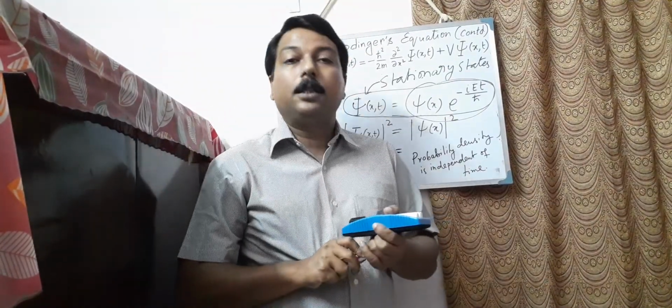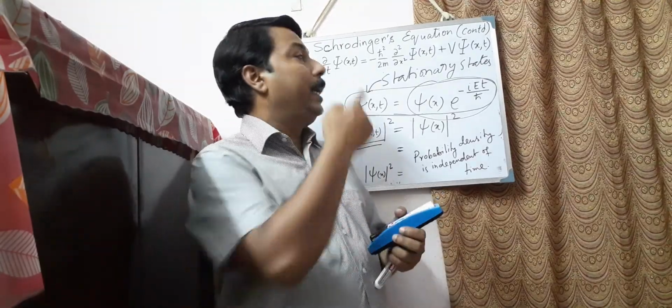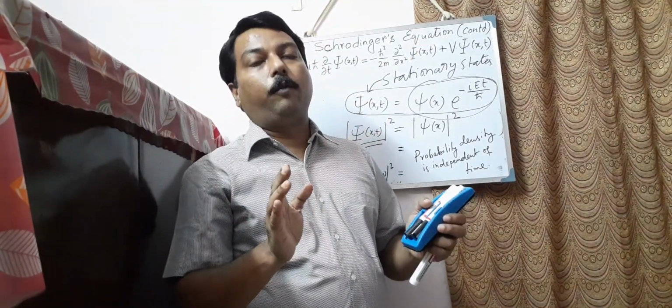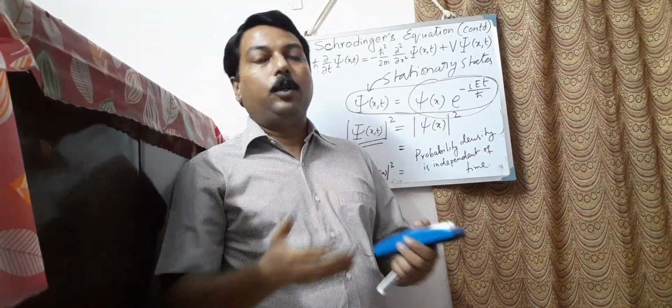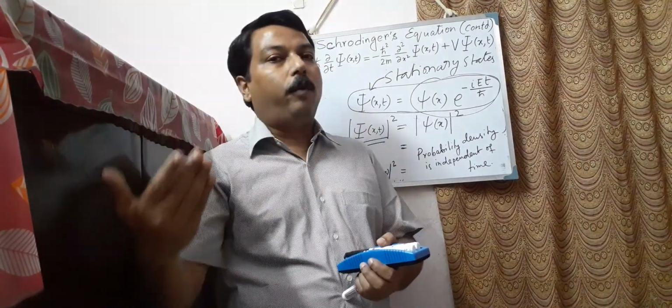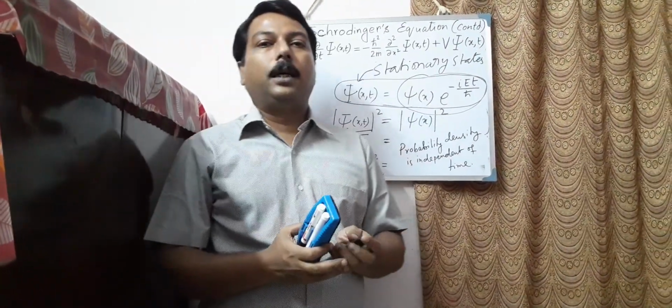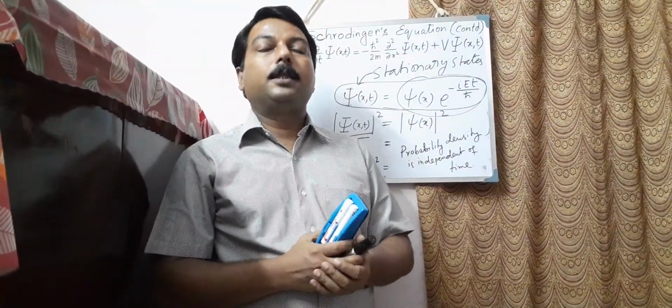Why stationary states? Because the probability of finding the particle in such states is independent of time. It does not change with time. So what the probability is now, it will remain the same forever within a certain region of space. So this is what we mean by stationary states.